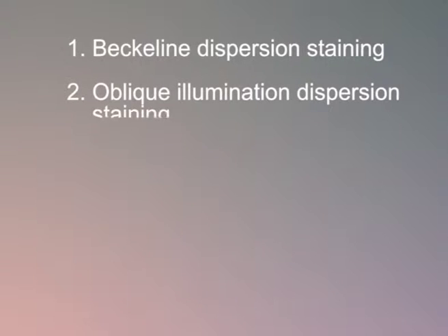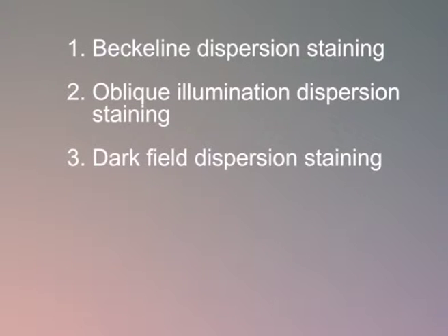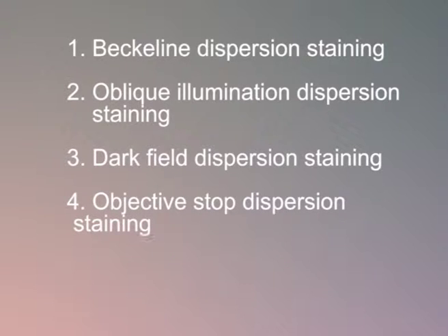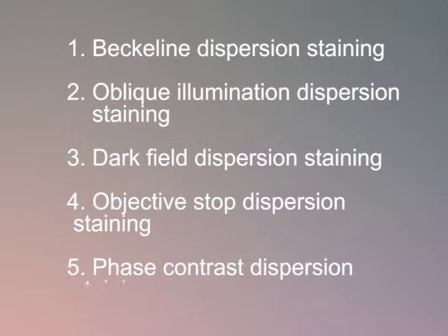There are in general 5 types of dispersion staining techniques, or in other words, there are 5 different optical configurations of the microscope used for dispersion staining. These configurations are backline dispersion staining, oblique illumination dispersion staining, dark field dispersion staining, objective stop dispersion staining, and phase contrast dispersion staining.